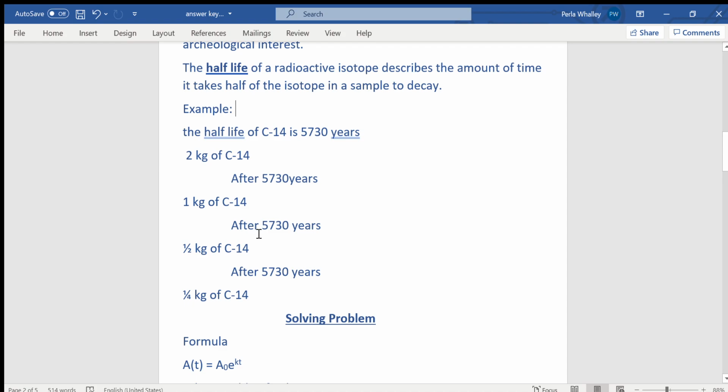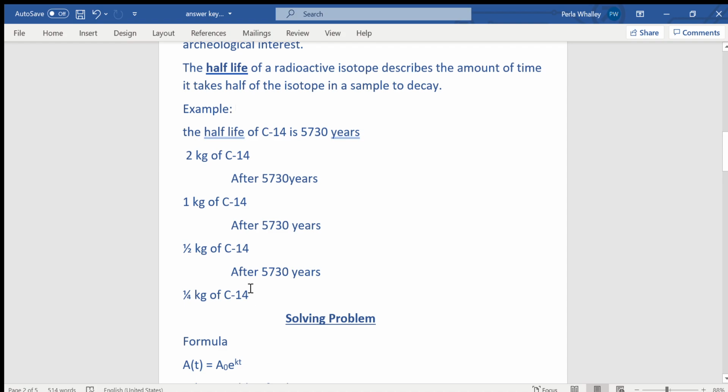After another 5,730 years, from 1 kilogram, it decays to 1/2 kilogram. That means what is left is 1/2 kilogram of carbon-14. After another 5,730 years, from 1/2 kilogram, it will become 1/4 kilogram of carbon-14.